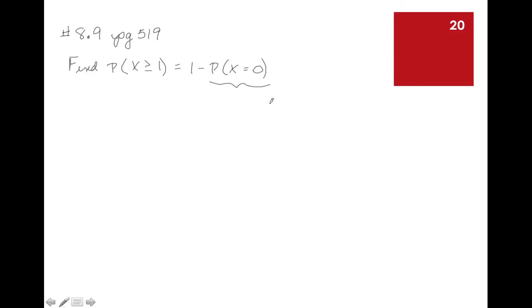This part right here you could do on your calculator if you wanted to. Then you'd have 1 minus that, and you'll get the same answer we did before. This is really just giving you different options, and it saves you a little bit of typing. It's great on the multiple choice questions. For a lot of these, especially the equal to problems, they are going to want to see the setup of that binomial distribution formula.